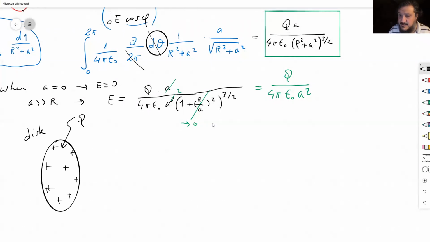On that disk, I'm going to consider a small charge. Why? Because I want to find the electric field right here, which is A away from the center of the disk. I want to find the electric field there. Okay? Now, let's think in terms of area density, area charge density.